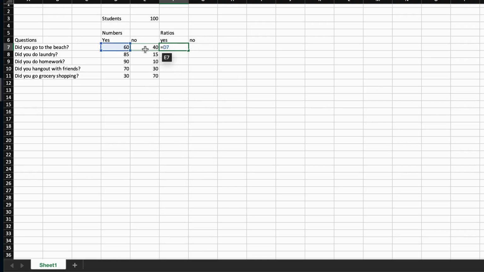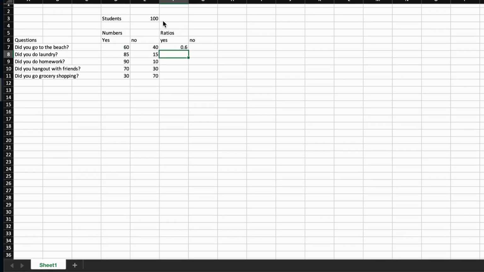Divided by, which is a slash, and then our absolute cell reference up here, which is our 100. To reference this absolute value, we must put a $ in front of and in the middle of it. So it's $E$3. Then we hit enter and it gives us our value.